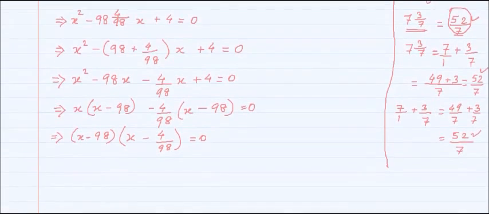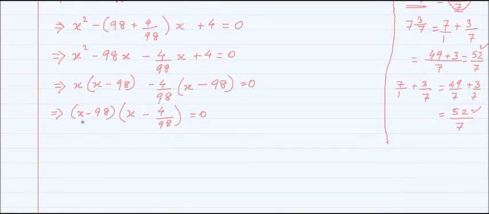So we have two brackets. Each bracket contains two terms, and these two brackets are connected by an implied multiplication sign. The product of these two is equal to 0. So that implies either the value of the first bracket is equal to 0 or the value of the second bracket is equal to 0.